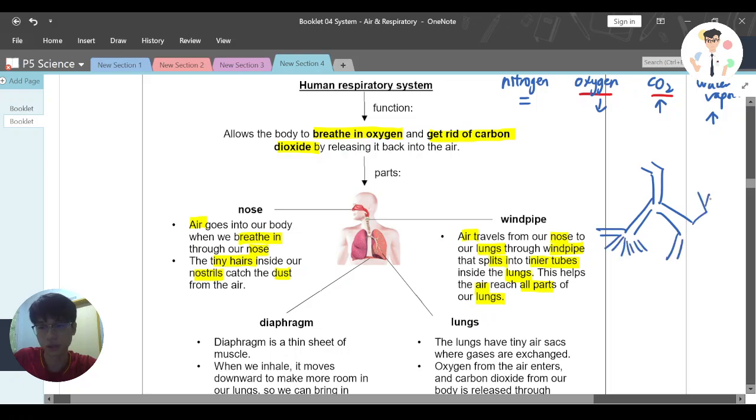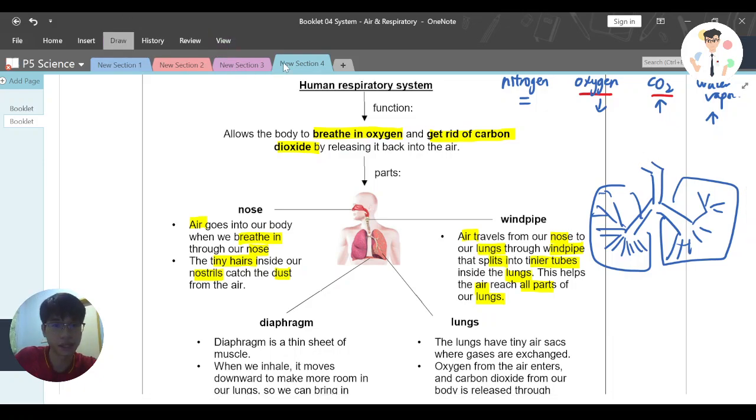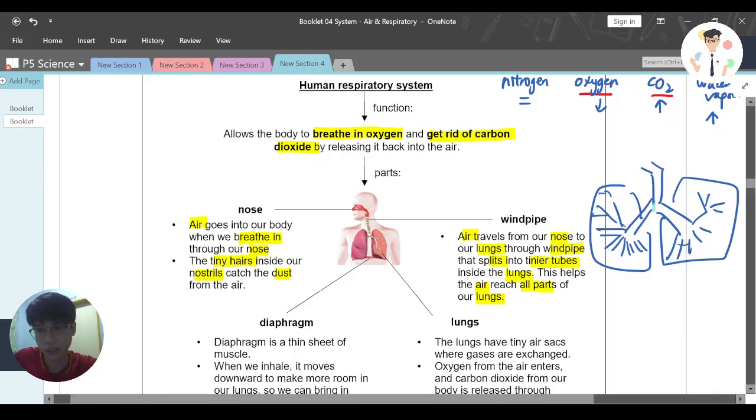I'm not good at drawing, but basically that's what happens. For example, this is our lung, this is our lung, and this is the windpipe. When air is breathing in, because it's split into different tinier tubes, it's easy to get into different parts of the lung.